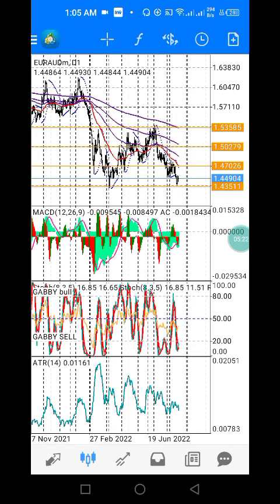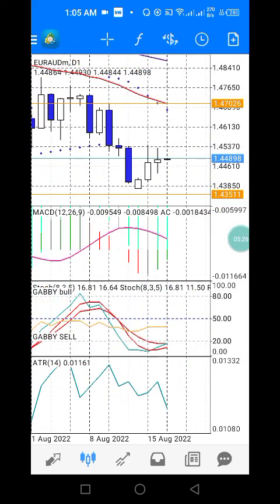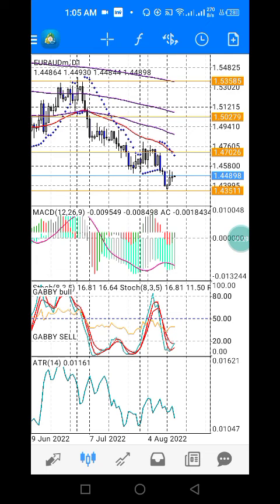So I'm going to take a trade on EURAUD on the daily time frame. I'm going to take a trade below here, at 147.47026. I'm not sure the market will reach this, so I'll take the closest take profit.